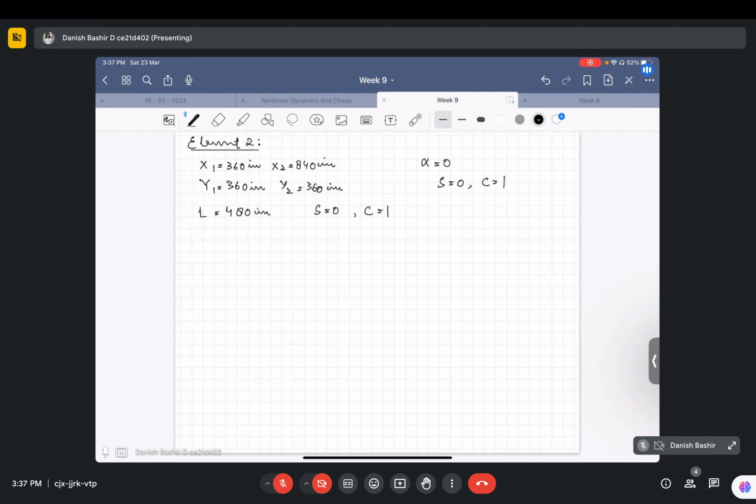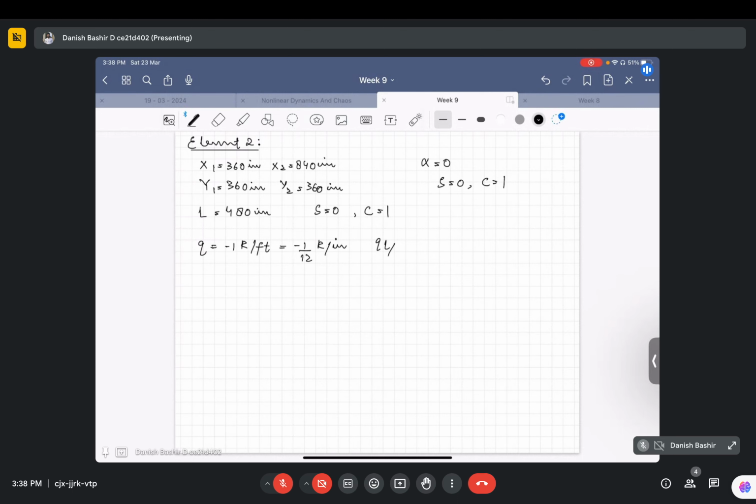So clearly the transformation matrix will be as such. Another thing we have to see is that it has a q of minus 1 kilopound per feet because it's acting downwards, that's why minus. For per inch it will be minus 1 by 12 kilopound per inch, because we are dealing with inches only.